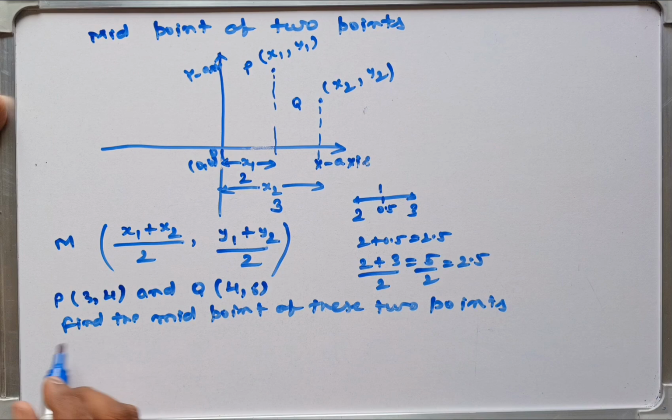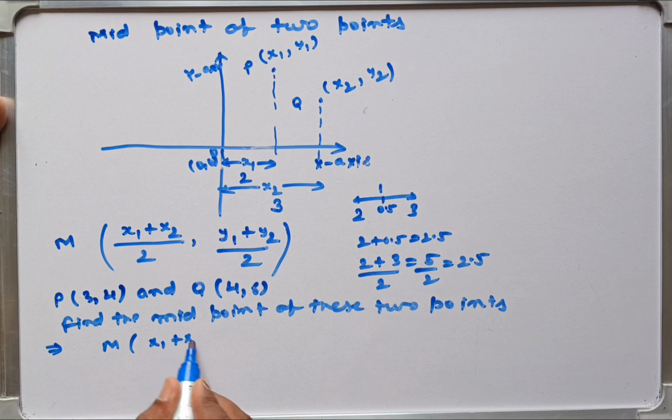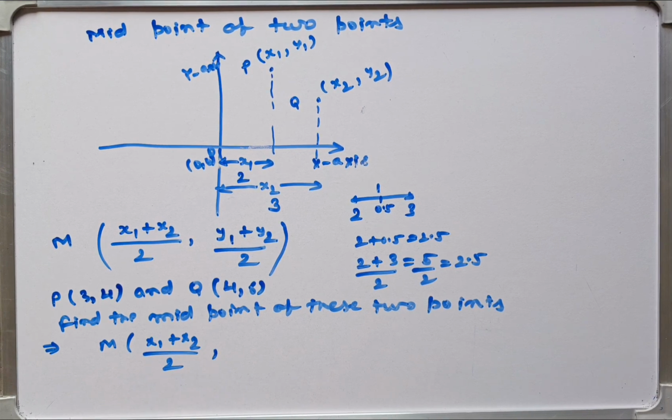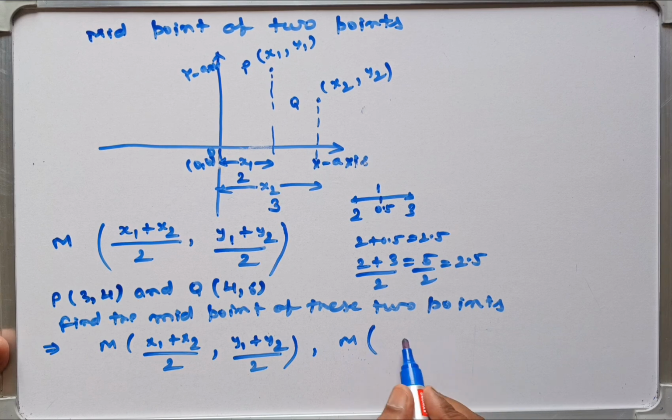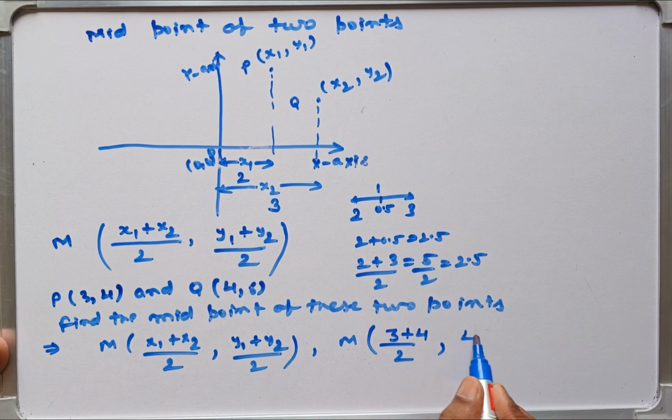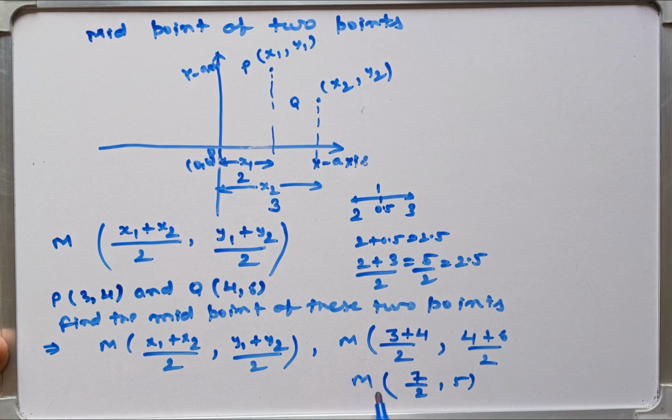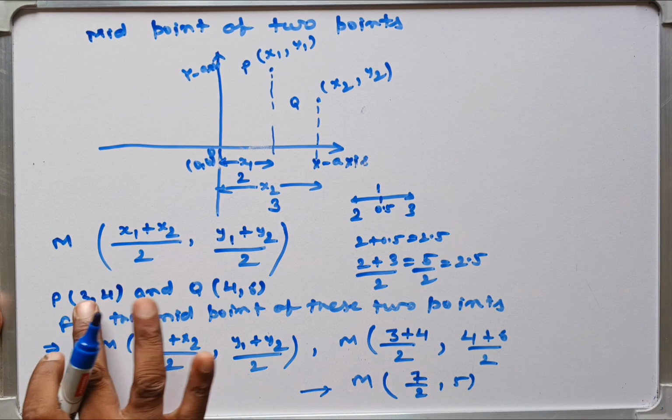Okay, so guys, you know here M equals x1 plus x2 divided by 2, and y1 plus y2 by 2 will give you the y coordinate of the midpoint. So if we put the values here, then 3 plus 4 divided by 2, and 4 plus 6 divided by 2. Okay, so this will come 7 by 2, and this will come 5. Okay, so this is the midpoint of these 2 points.